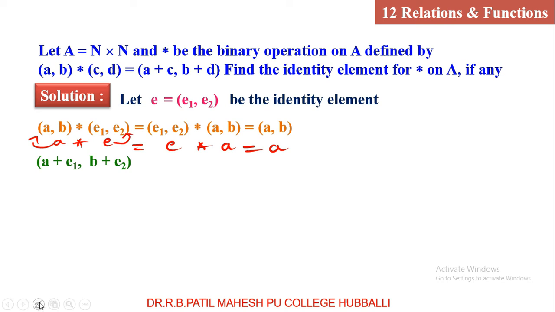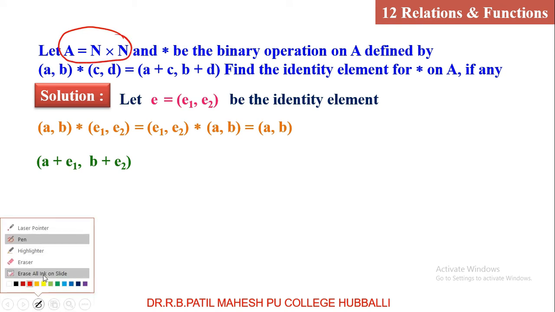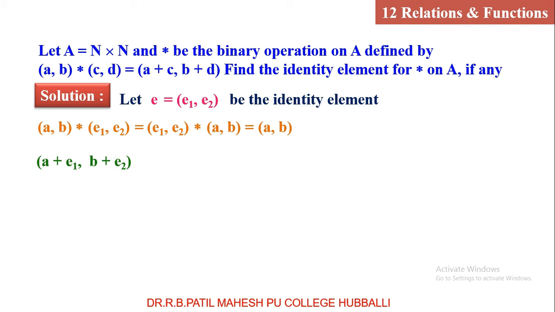Why are we considering ordered pairs here? Just because of the set A equal to N cross N, Cartesian product. Hope you all remember in Cartesian product we will have only ordered pairs, not single elements. Then I apply the operation, adding the first elements: (a plus e1, b plus e2).